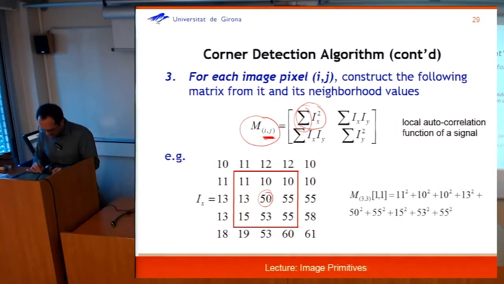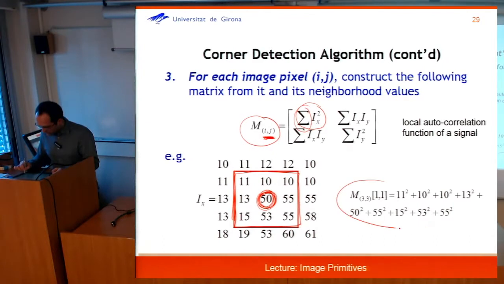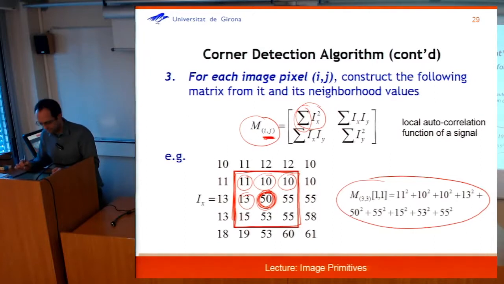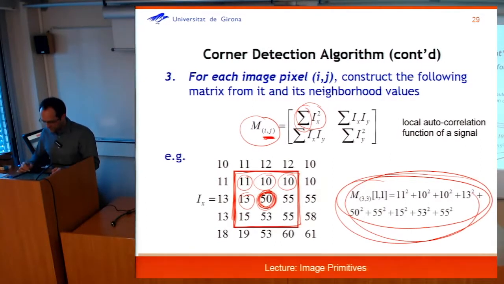But I don't take just this pixel here, this value here, because I want to be robust against noise. So what I do is I take this neighborhood, this 3 by 3 window here, and I sum all these values. So this squared, plus this squared, plus this squared, plus this squared, and so on. And I get this combination of values here. And this is what I'm going to put in the first row and first column of the M matrix.